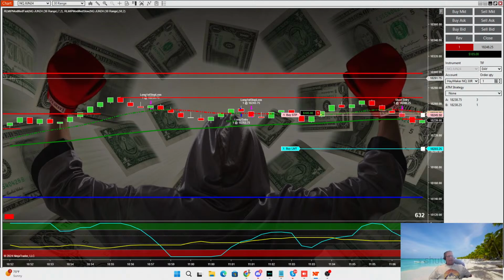Stop went to plus 10. It's a little tight right there. If you get some room now, just need a little room here.